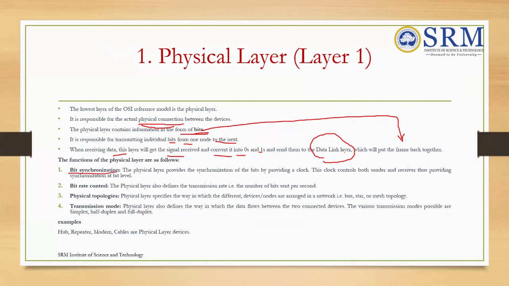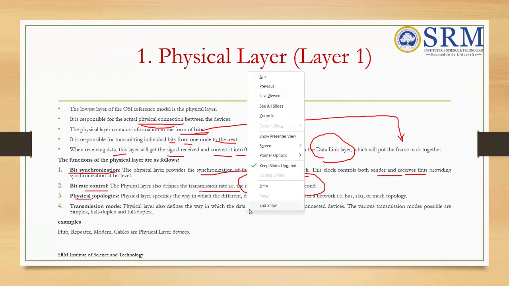First thing is bit synchronization. It will provide the synchronization of the bits by providing a clock. So this clock will control both the sender and receiver synchronization. And bit rate control. It defines the transmission rate, that is how many bits you can send per second.